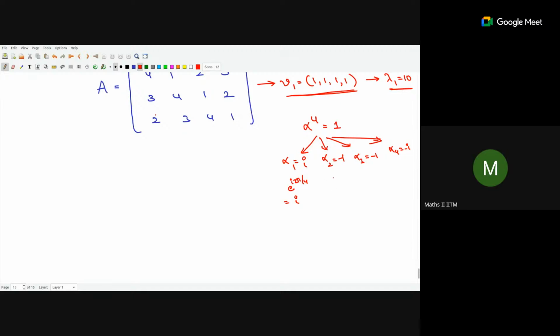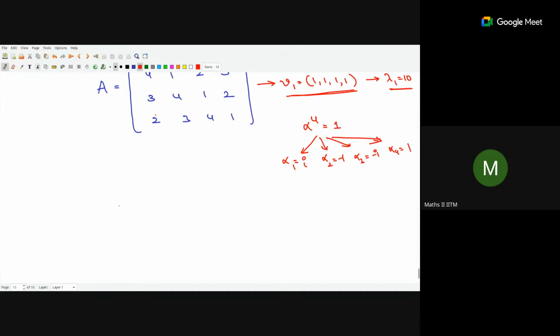If I take alpha cube, I will get minus i. And then finally 1. So these are the 4 roots of unity: i, minus 1, minus i, 1. Now what we do is for each of them, we define our eigenvectors.